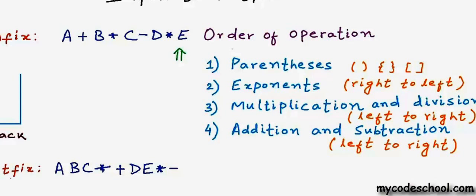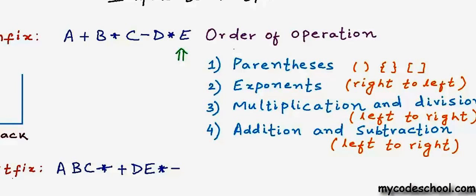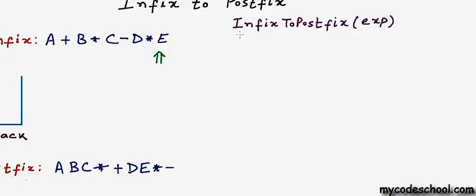Let's quickly write pseudocode for whatever I have said so far, and then you can sit with some examples and analyze the logic. I'm going to write a function named infix to postfix that will take a string exp for expression as argument. For the sake of simplicity, let's assume that each operand or operator will be of one character only.